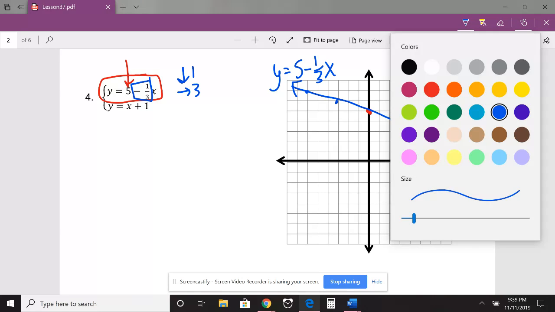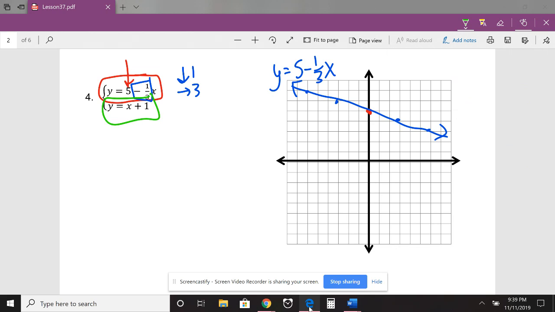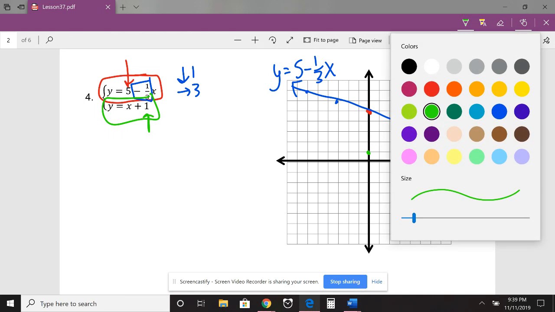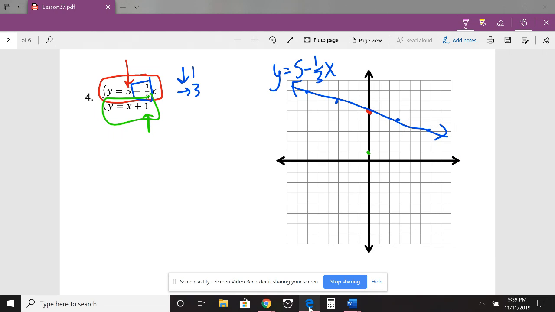Okay, the next one, y equals x plus 1. I start at 1. And my slope for this one is 1. So that means I go up 1 to the right 1. There, you can already see where they intersect.